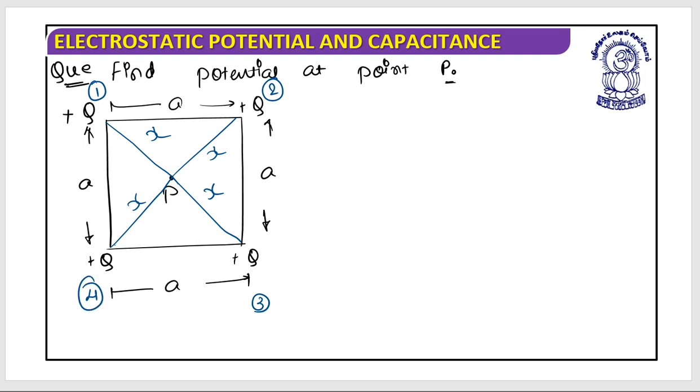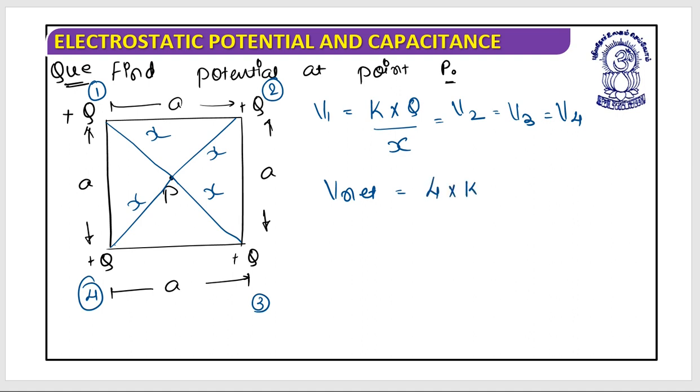The potential V1 is k multiplied by charge q divided by distance x. V2 is the same, kq by x. V3 is again kq by x. V4 is also the same. So V net is 4kq divided by x.